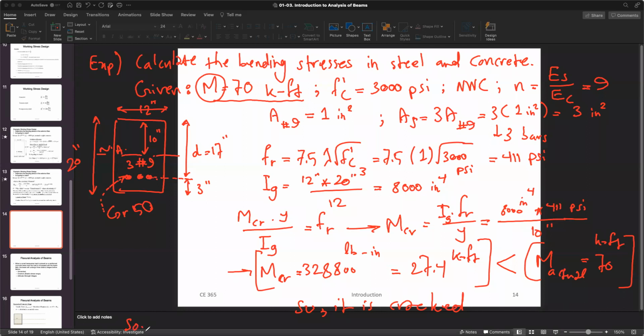So we need to use the transformed moment of inertia to calculate stresses.